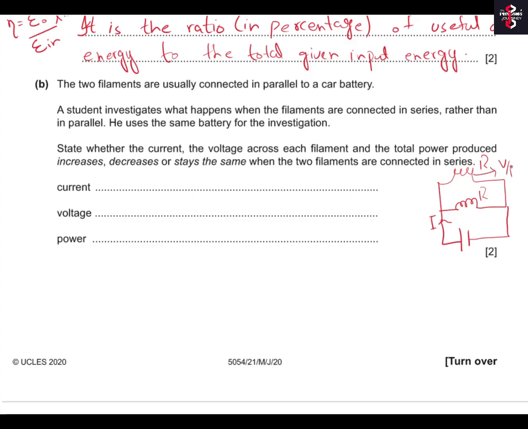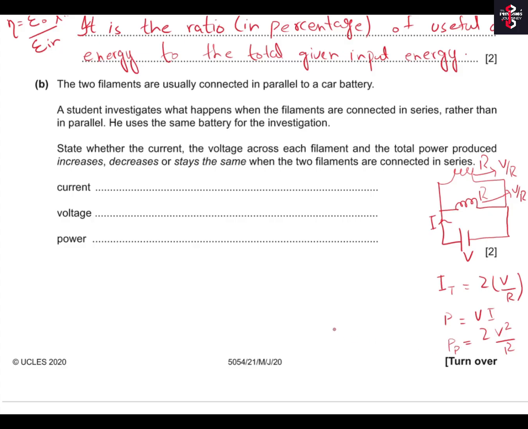Here the current is V by R, and the same current V by R flows here. It is the voltage source. So total current I equals V by R plus V by R, which is 2V by R. Power equals VI, so the equation for power becomes 2V squared by R. This is the power in parallel.